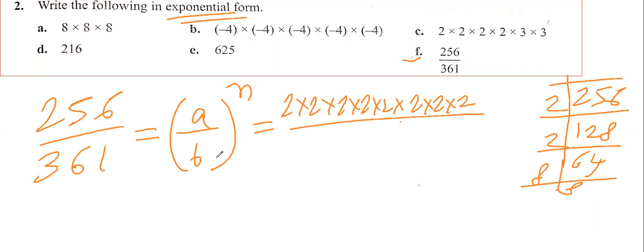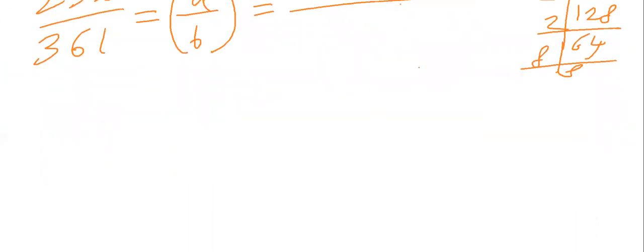Similarly, here 361. I need to find the factors of 361 also. One minute. 361. Okay, 361 is not divisible by 2, 3, 4, 5, 6. No, it's not divisible by all of these.